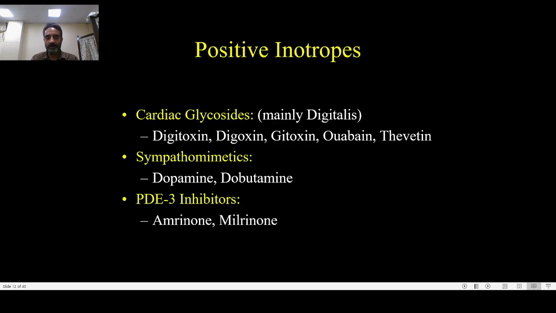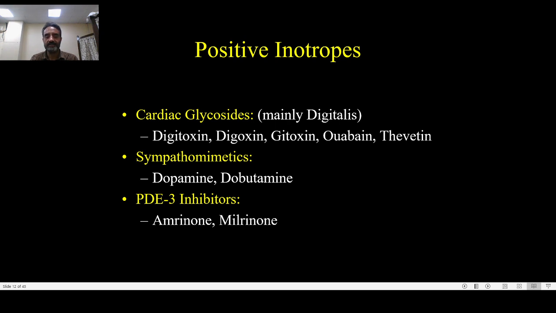Now we talk about the individual drug classes. The positive inotropes, there are cardiac glycosides, mainly digitalis. Digitalis is a combined name for mainly two drugs, digitoxin and digoxin, out of cardiac glycosides.